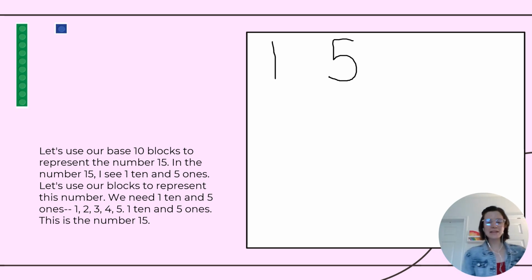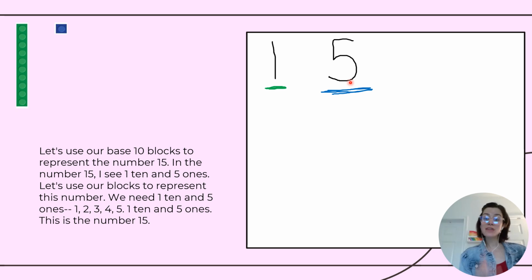So let's look at our base 10 blocks to represent the number 15. In the number 15, I see 1 ten, okay? So looking here, I see 1 ten and I see 5 ones, okay? My place value that is farthest to the right is my ones place.